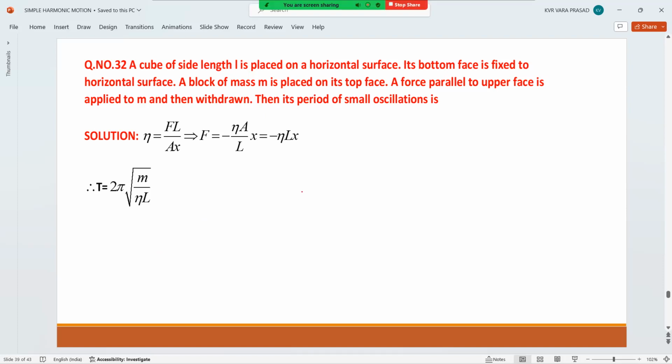So first making the diagram here. Taking one cube and placing a block on the top surface and applying a force parallel to the top surface, that is F. See, when you are applying force, the shape now becomes like this.